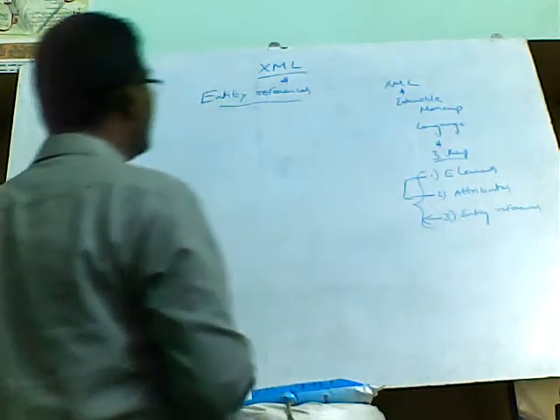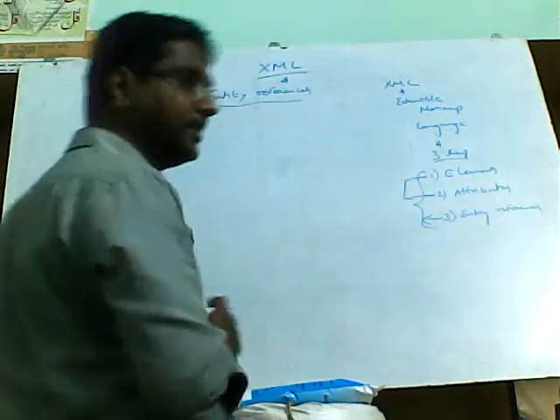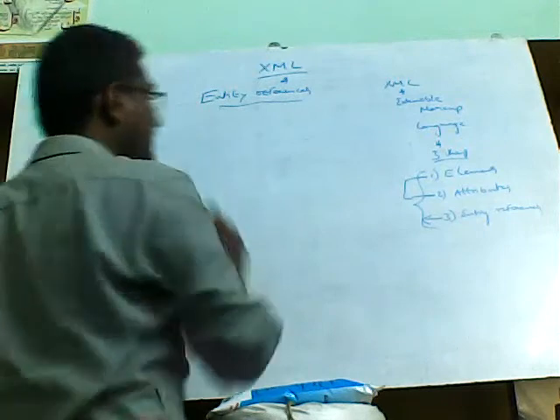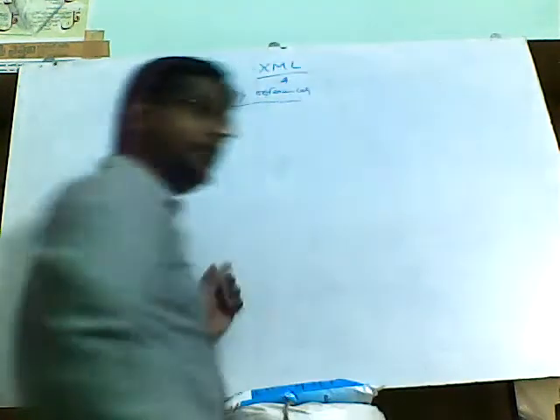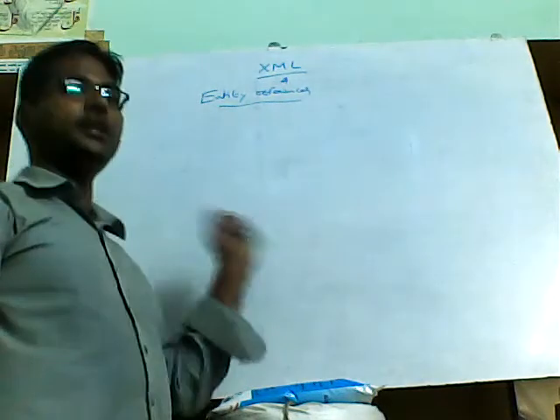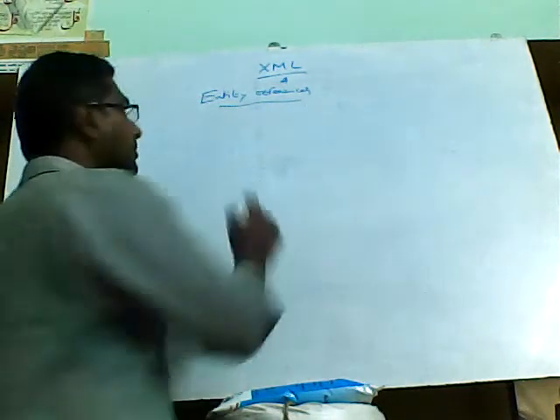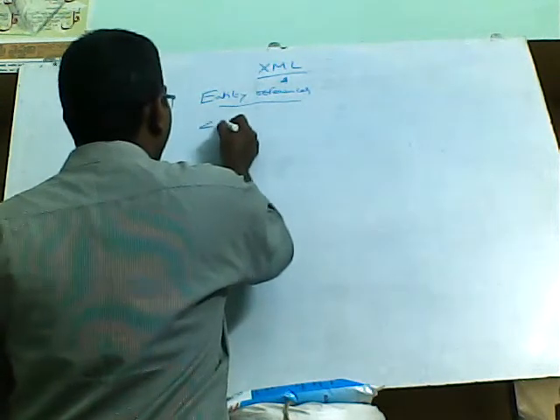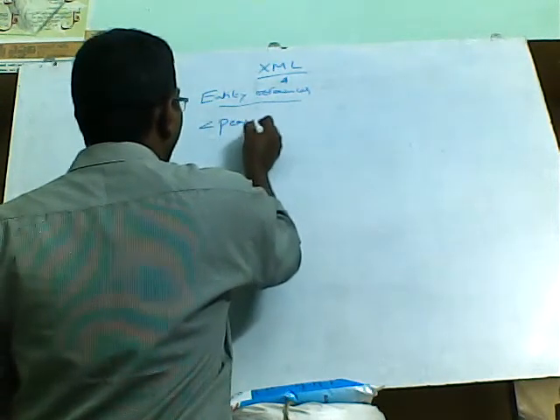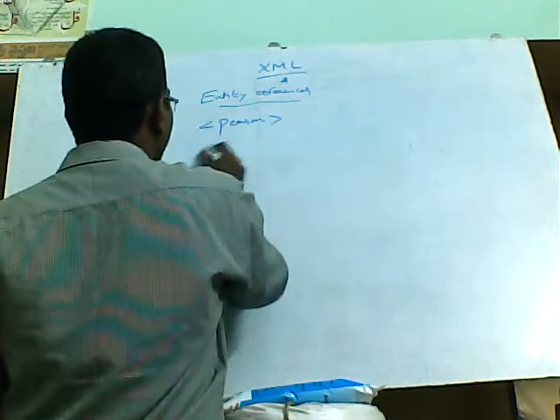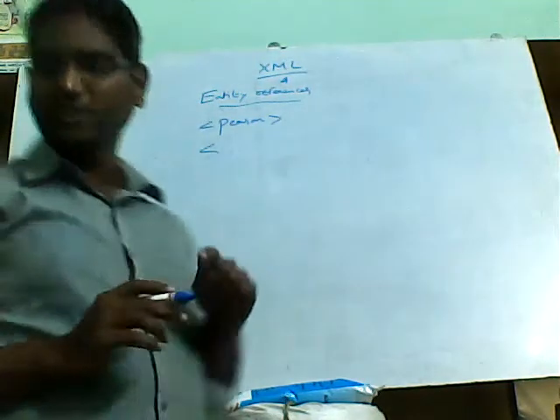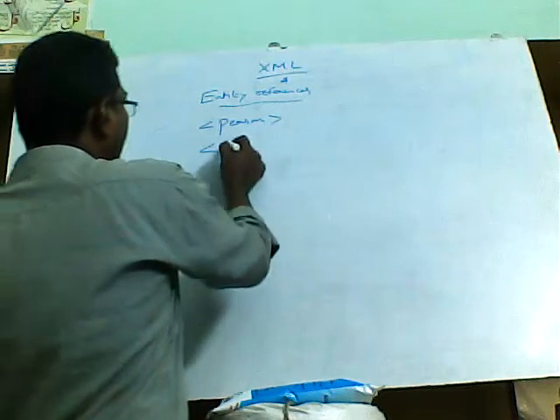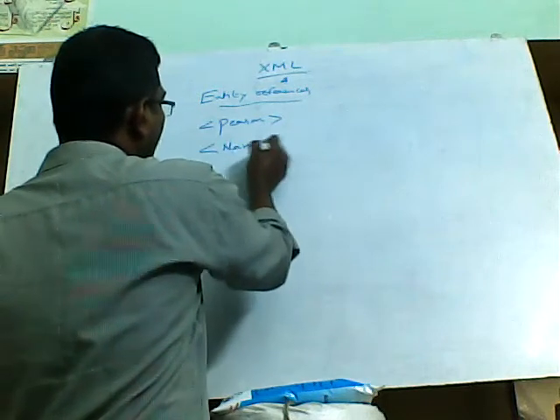What actually are entity references? Suppose you have written an XML document. A parent element and child elements can be there in an XML document. Suppose you write a document with parent element person, and some child elements like name and age.